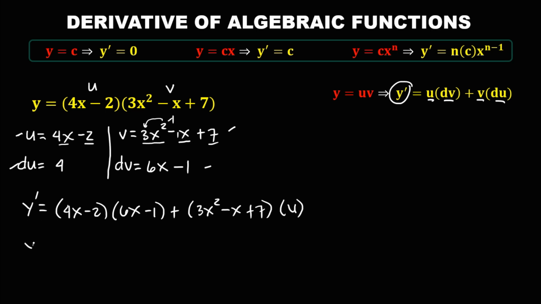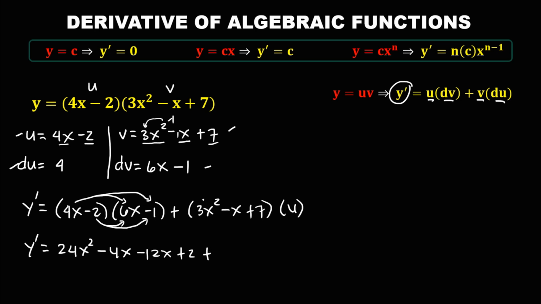Then to simplify, we have y prime equals multiply 4x times 6x, that's 24x squared. 4x times negative 1, this is negative 4x. Negative 2 times 2x, negative 12x. Negative 2 and negative 1, that's positive 2.